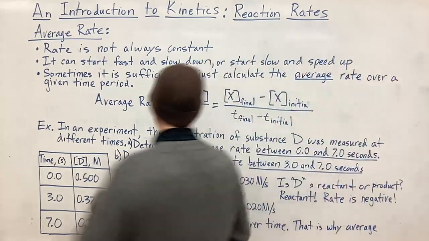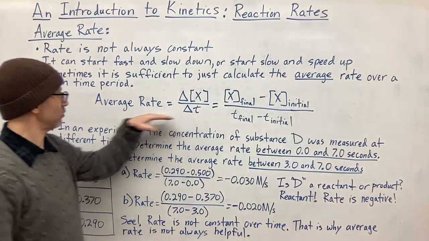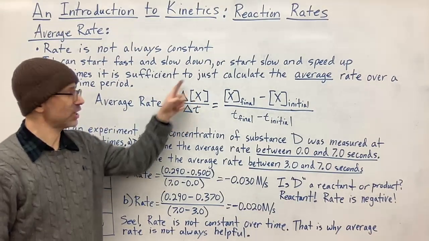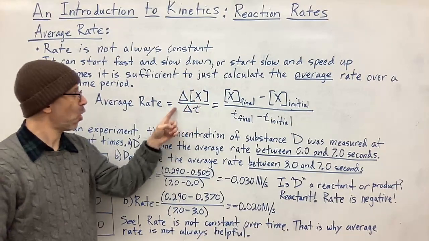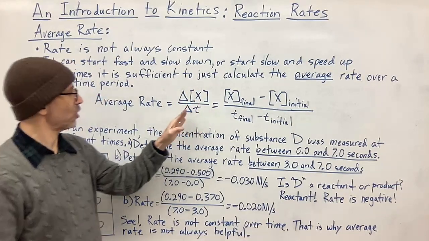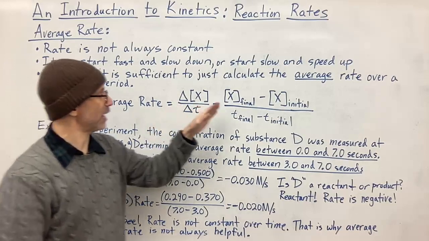So the average rate is going to be calculated this way. You're going to find the change in the concentration of whatever substance or species you're interested in over a certain time period. And again, when you do a change, it's going to be final minus initial.